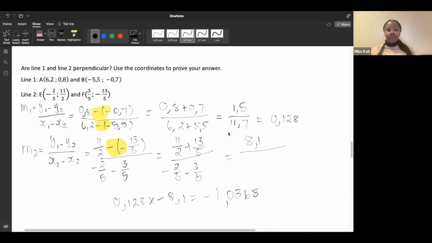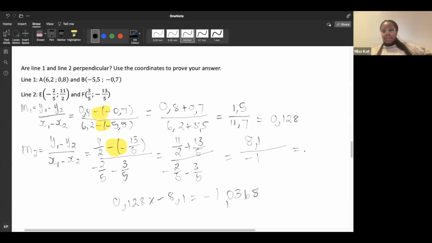Okay, let me try again. Negative 1, right? And then you're going to have 8.1 divided by negative 1. When you divide a positive and a negative, what's your answer going to be?